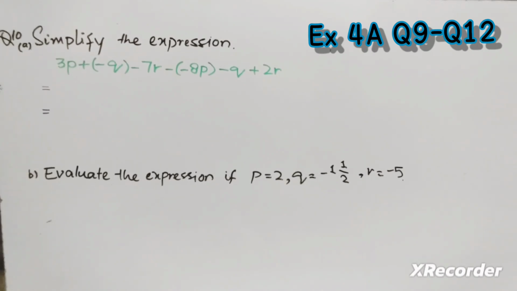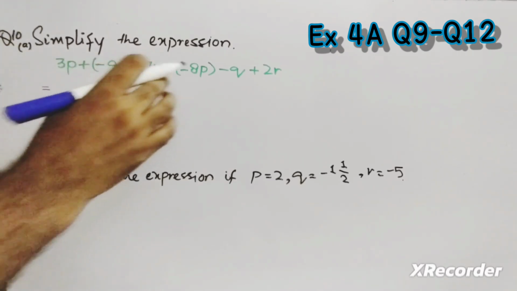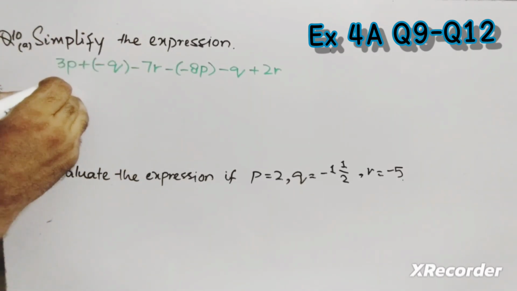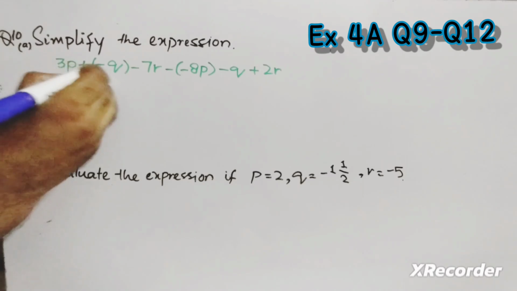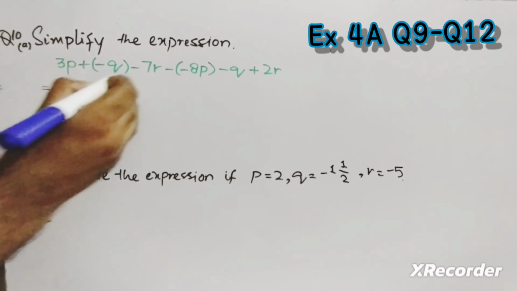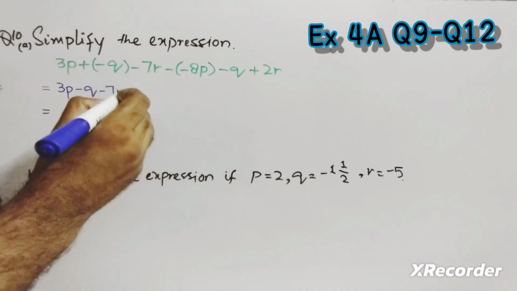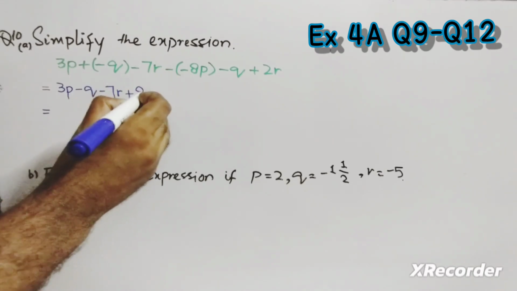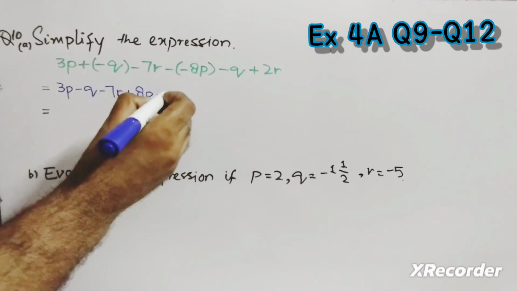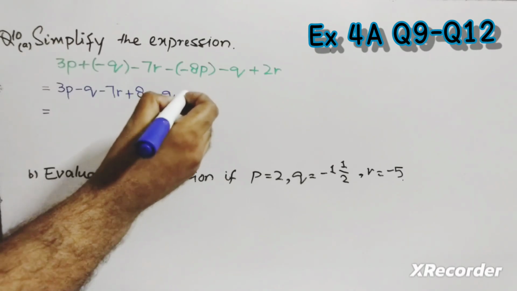Now moving to question number 10, simplify the expression. 3p plus minus q minus 7r minus bracket minus 8p minus q plus 2r. First of all, we simplify the signs that are confusing. So 3p plus minus minus q minus 7r, minus minus plus 8p, minus q plus 2r.